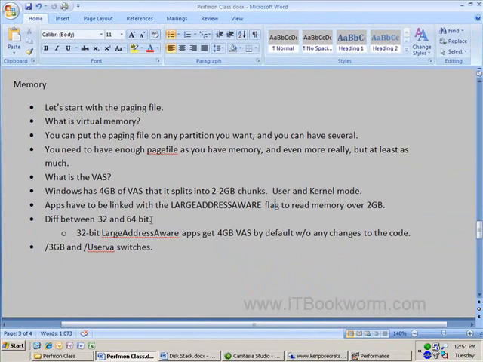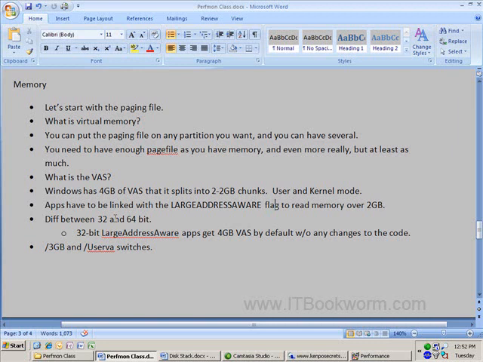Now, the difference between 32 and 64-bit. Does everybody know the difference? I mean, physically the difference between 32 and 64. I'll say it anyway, because everybody might not. 32-bit systems have a hard-coded memory accessible range of 4 gigs.